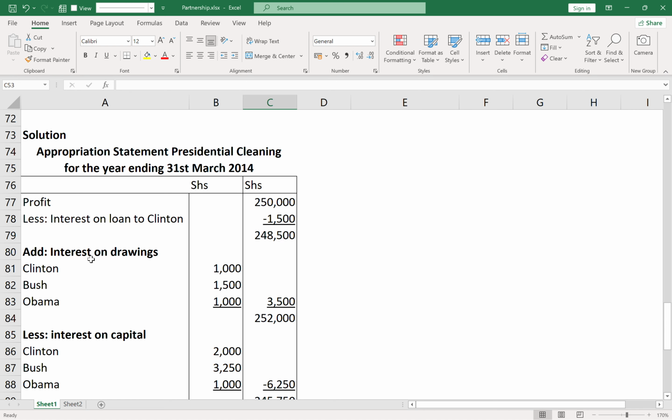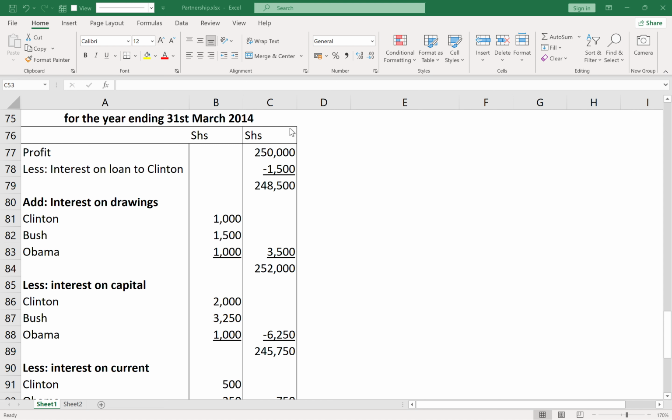Then we also have to add interest on drawings. We have interest on drawings for Clinton, Bush, and Obama. On the second part, add interest on drawings.